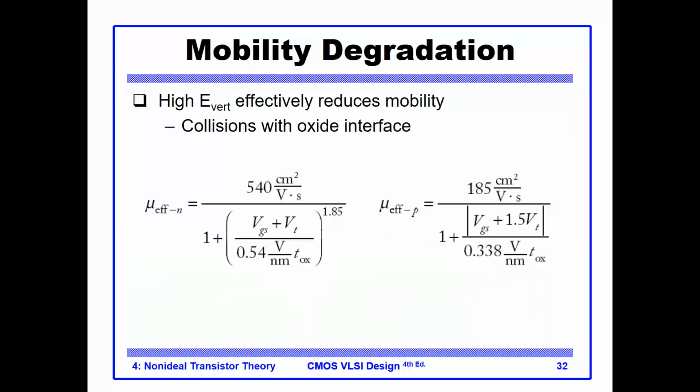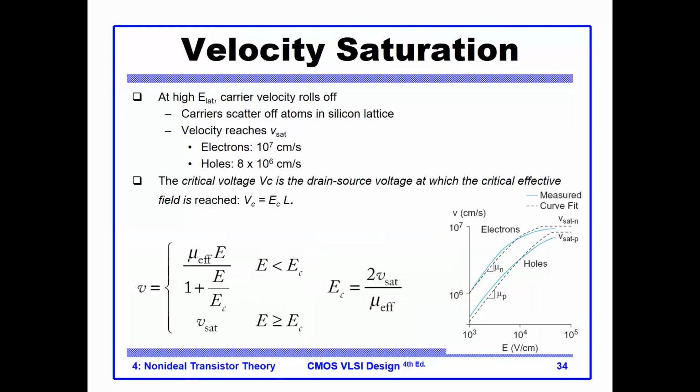Another factor we mentioned before is velocity saturation. Typically, carrier velocity increases linearly with the lateral electrical field. Unfortunately, the carriers scatter off atoms in the silicon lattice, which happens at high electrical field and results in lower carrier velocity.